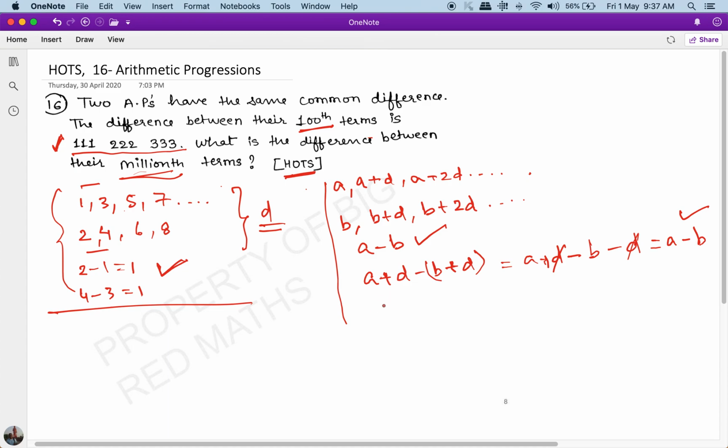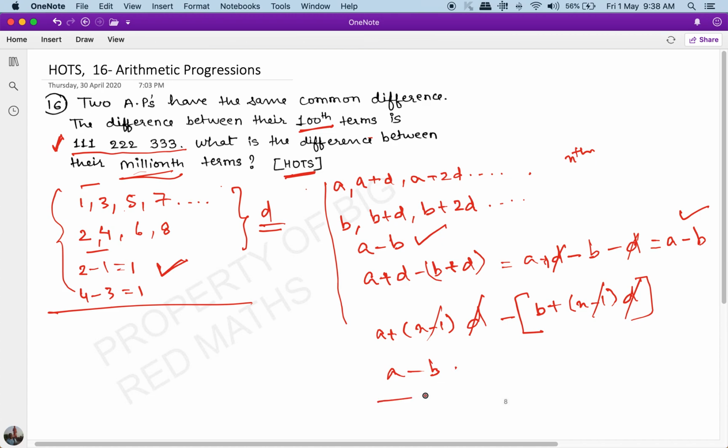So eventually, if you take any term, even the nth term, this one will be A plus (n minus 1) into D, and if you subtract the second AP, it will be B plus (n minus 1) into D. You see, this (n minus 1) into D will get cancelled with this (n minus 1) into D, and eventually you will get A minus B. You can open this bracket and solve it, but you can take my word for it.